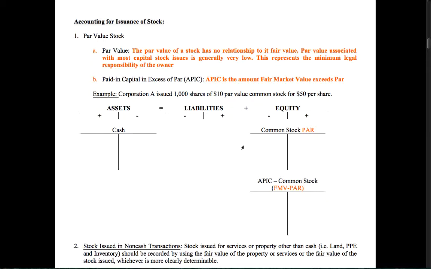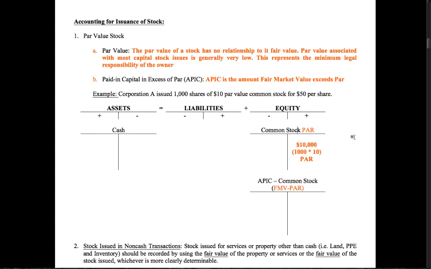Therefore, on the day that this is issued, the company recognizes an increase in equity of common stock of $10,000.